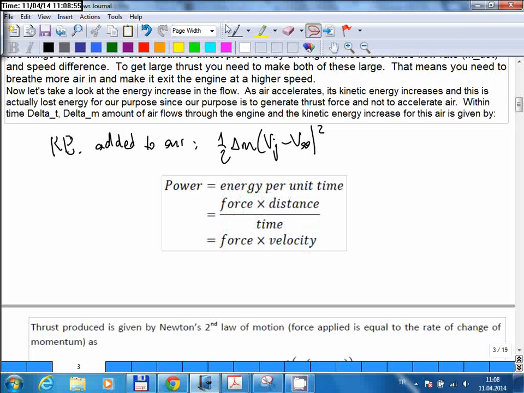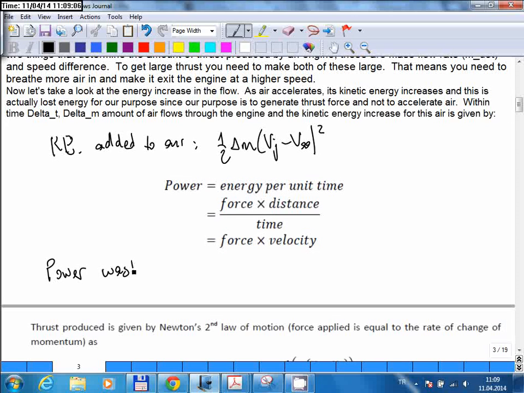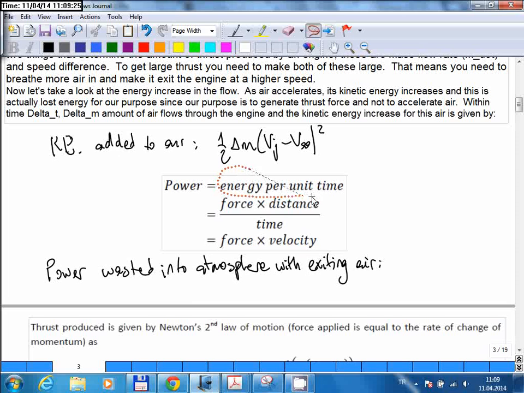and the power wasted into atmosphere with exiting air is energy per unit time, right?